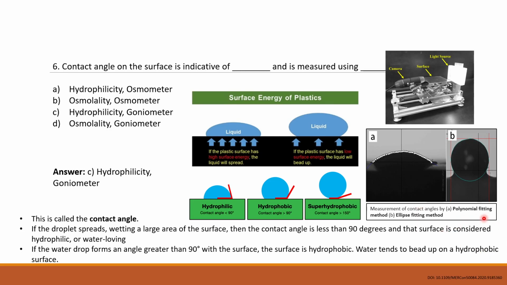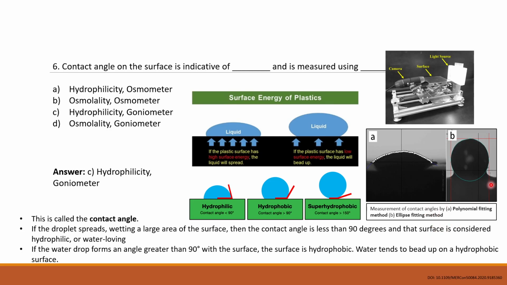Either they will use the polynomial fitting method or the ellipse fitting method based on how your sample is sitting. Now here you can see your sample is sitting nicely flat like this. Here you can see your sample is sitting somewhat in a curvature kind of thing. It's not even properly a full bead on top, but it's still going at the bottom. And then you can see some curvature of your surface due to some surface energy interaction.